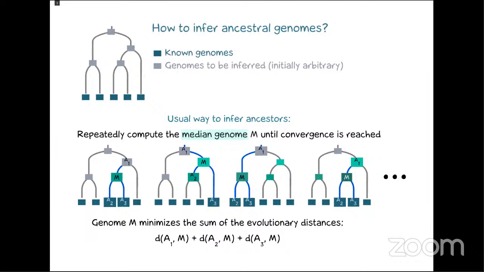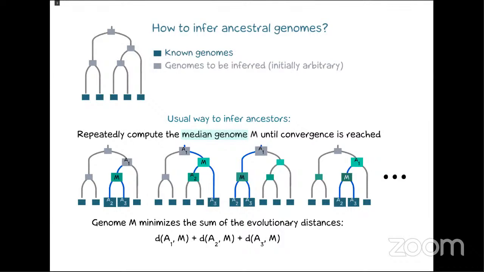One way of doing that is by using the median genome. So the median genome, M, is a genome that minimizes the sum of the evolutionary distances against 3 others given as input.